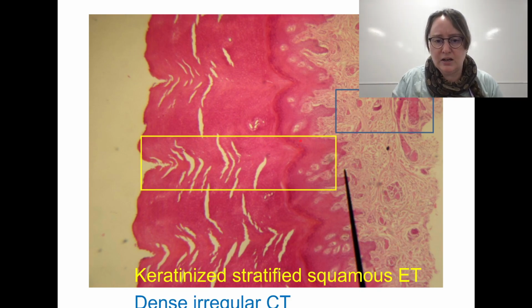So here's kind of our basement membrane right here. And notice right here, this is dense irregular connective tissue. So here's the basement membrane, here's the connective tissue underneath it.